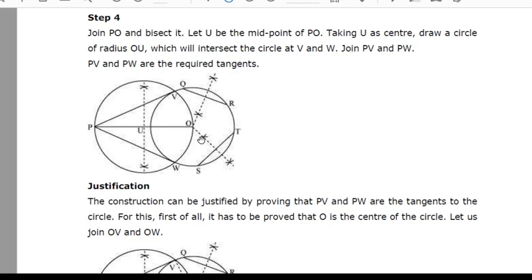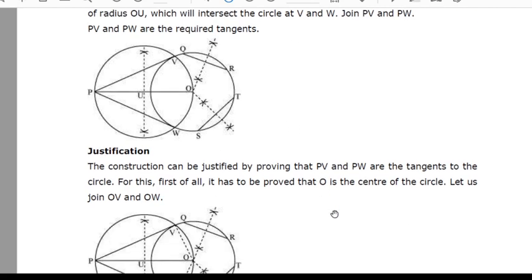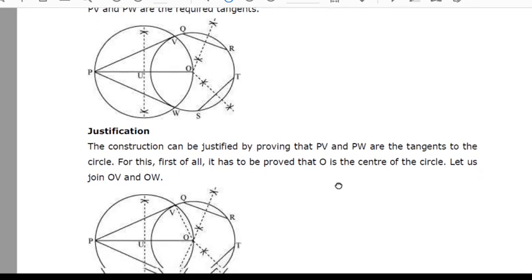Now this problem is very simple. Choose any point outside and join it to the center. After that we can draw the two tangents on this circle. So you have to think about how you can get the center, that's why we draw these two chords. This is only a matter of observation.